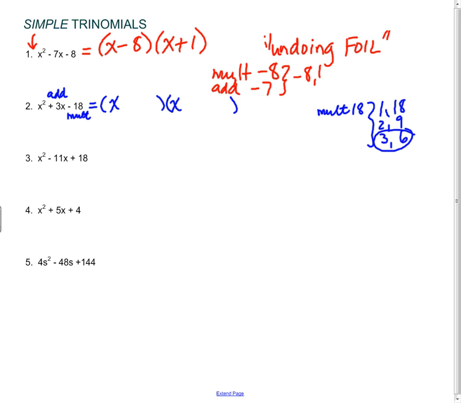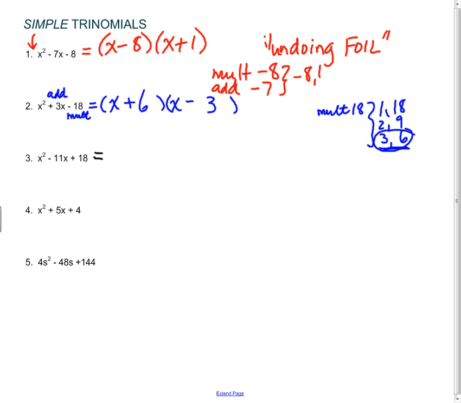It would be that pair right there. If I'm multiplying to a negative, I need a positive and a negative. And if I want my 2 numbers to add to a positive, the larger of these 2 will be the positive. 6, 3. Done. On to the next.